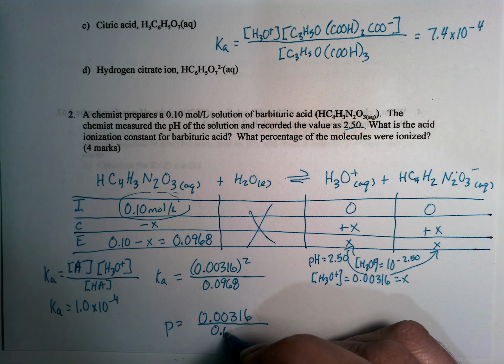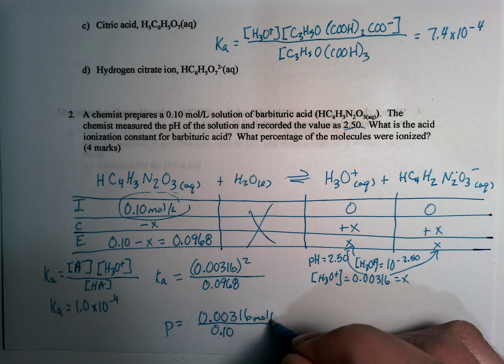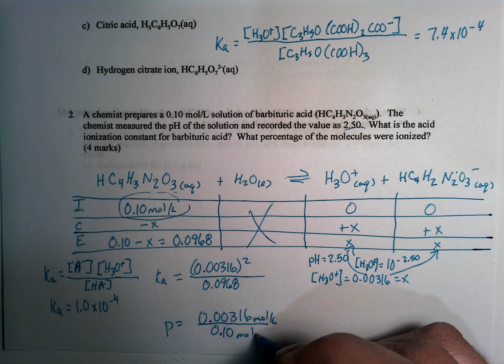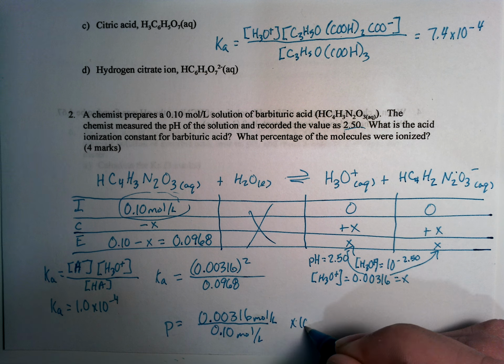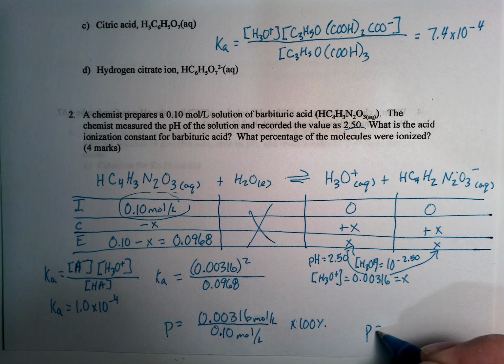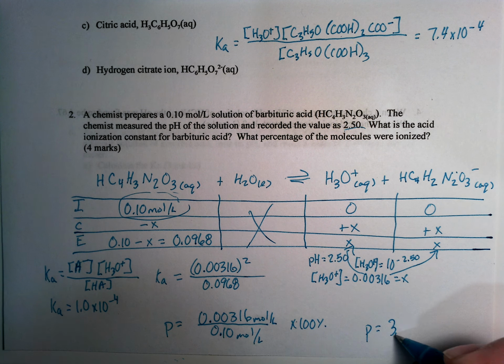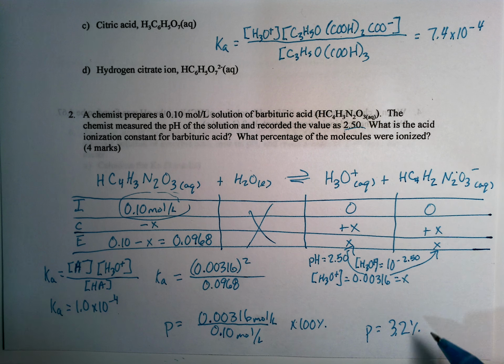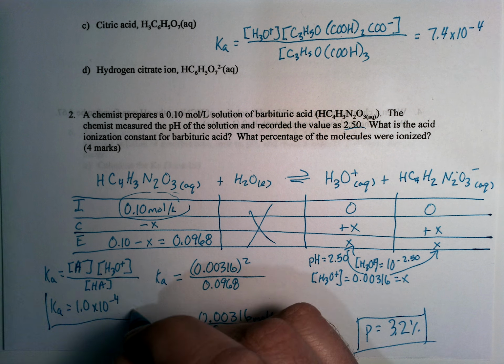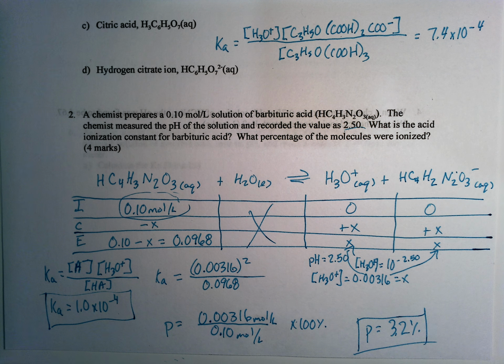These are both moles per liter, times 100%, and we got our percentage is equal to 3.2%. So there's one of our answers, here's our other answer, and that's that question.